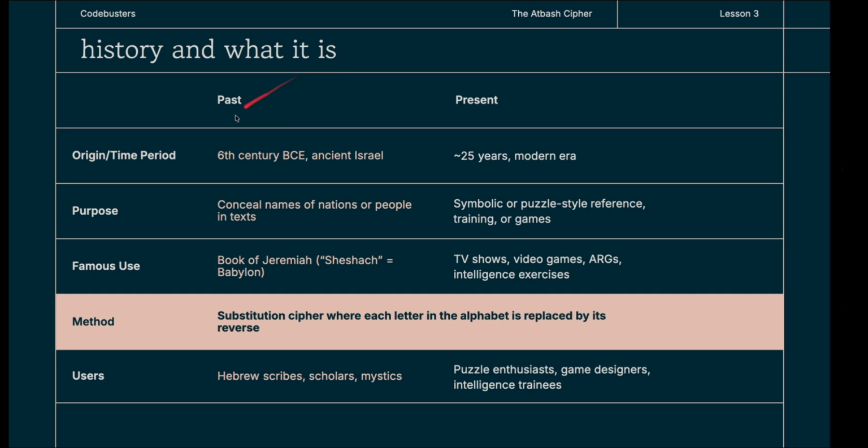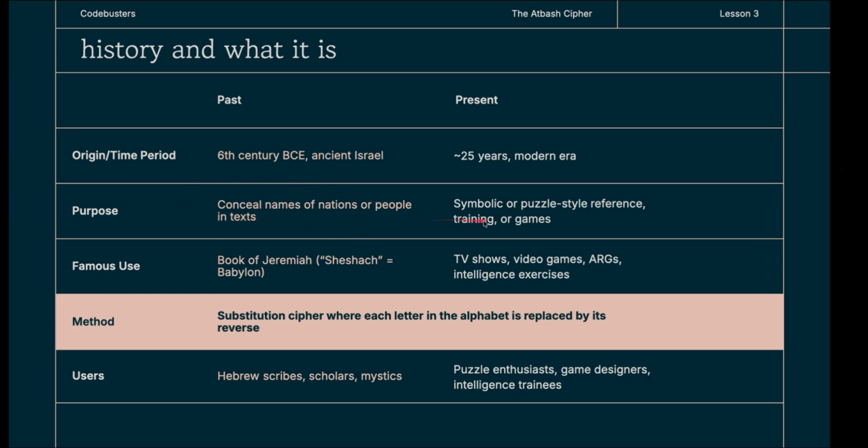In the past, its origin was in the 6th century BC in ancient Israel. The first official and major use in the modern era was 25 years ago. Its purpose in the past was to conceal names of nations, peoples, or text.